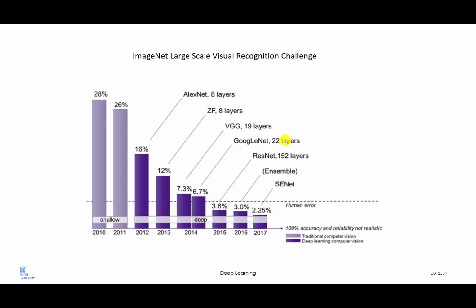And so I can show that here. What they do for the contest is that each year new images are collected and annotated, and the annotations and images are kept secret until one day in the year.